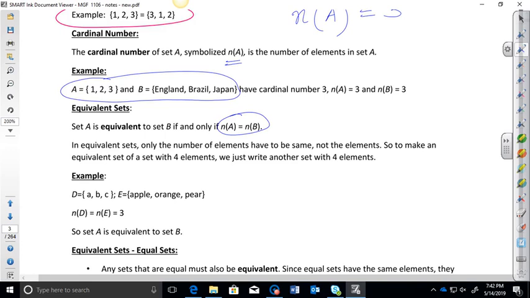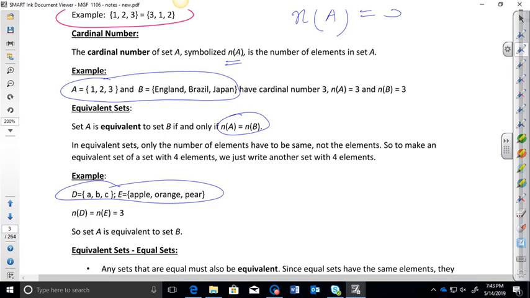Because equal means everything same. Equivalent means same number, but not same elements. So these 2 sets are equal or equivalent? Equivalent. Because there are 3 elements in set D, there are 3 elements in set E. They are equivalent.